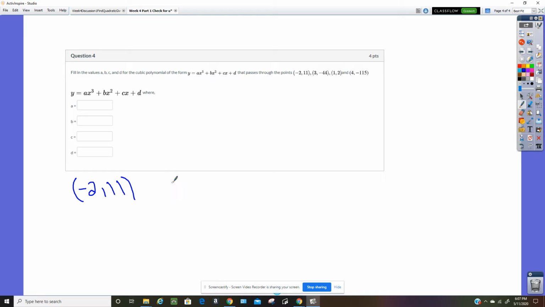So for negative 2, 11, you have 11 equals a times negative 2 cubed plus b times negative 2 squared plus c times negative 2 plus d.